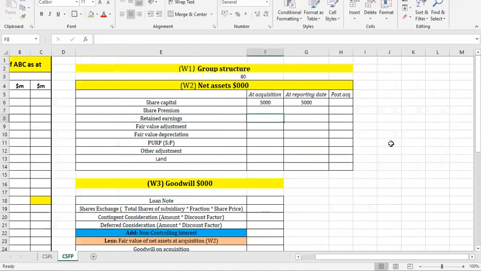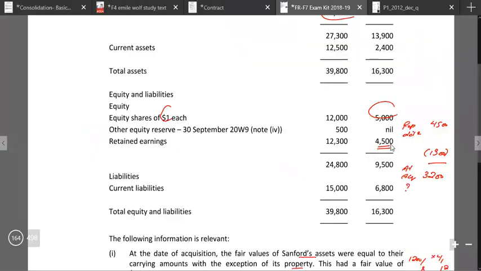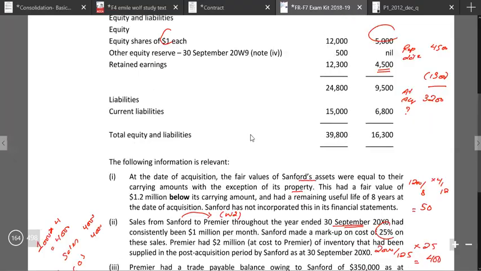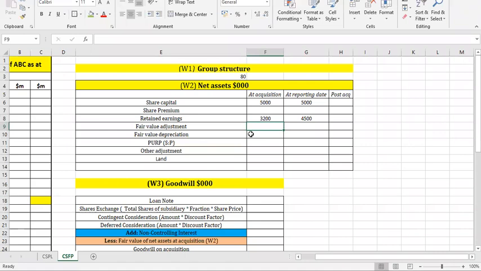Retained earnings at acquisition, we have calculated that. It was 3,200. Retained earnings at reporting date was 4,500. Okay, fair value adjustment, yes, but the downward, minus 1,200.